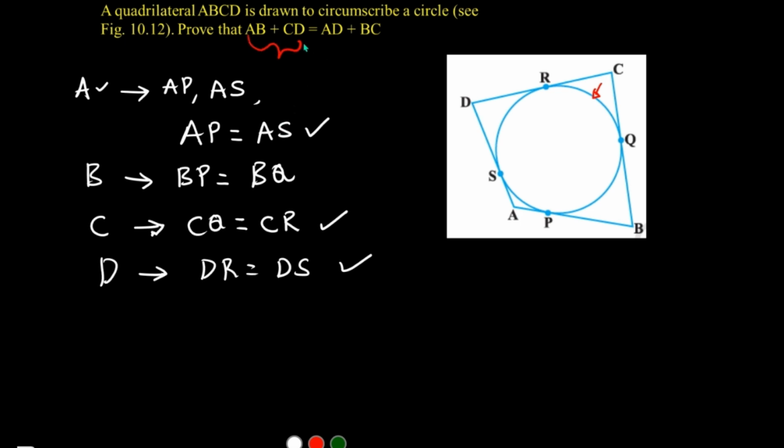Now what do we need to prove here? Let's take the left hand side, and then we will get the right hand side. Left hand side is AB plus CD. AB can be split into AP and PB.